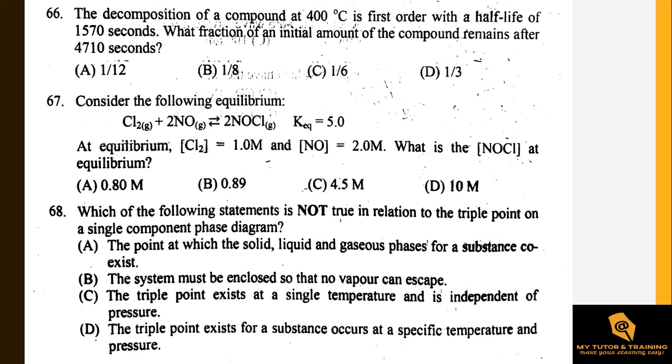Let the initial concentration of reactant be X. Then ln of initial concentration of X over concentration of X at any time t is equal to Kt, which is 0.73. Here ln is the natural logarithm, the logarithm to the base e. Using that, the initial concentration over the concentration at any time t is equal to e to the power of 0.73.